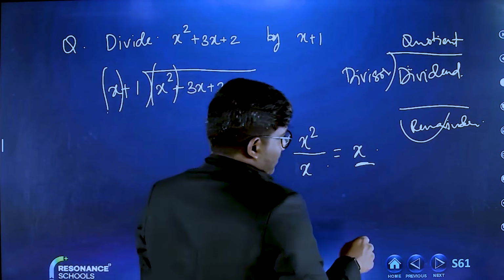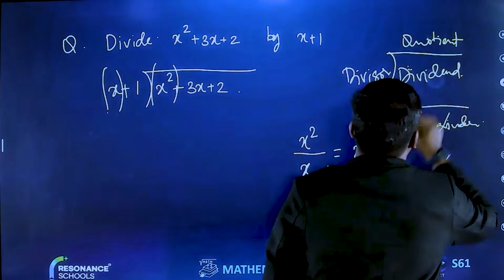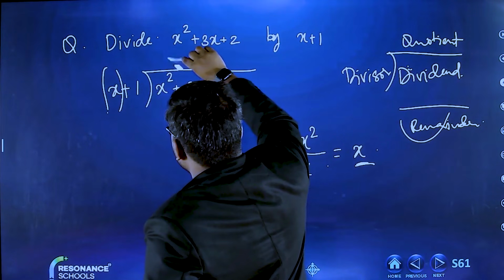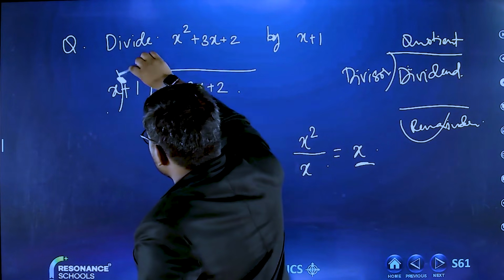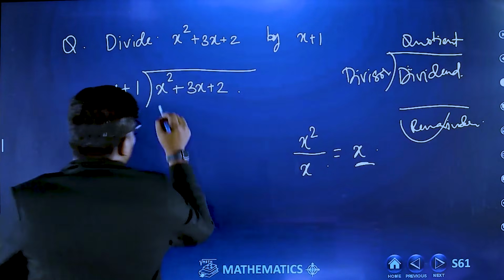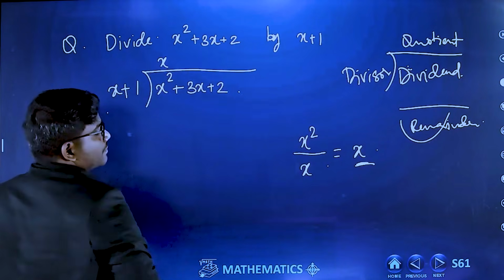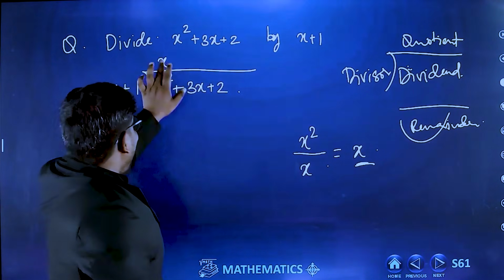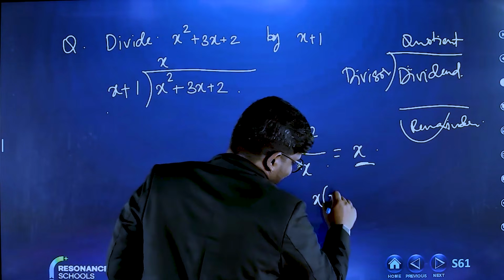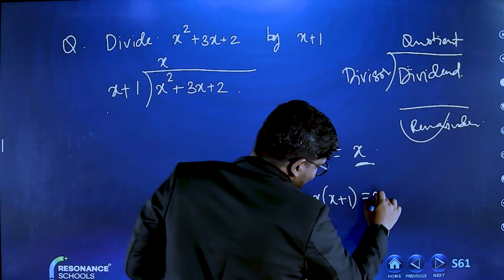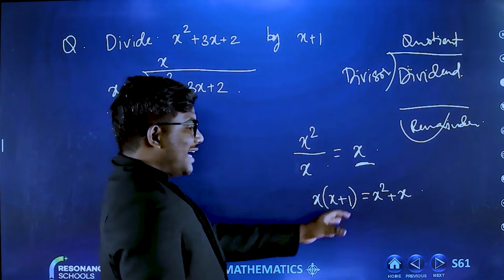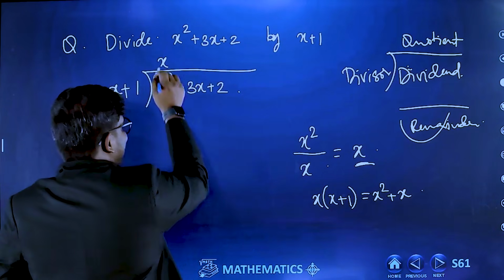Essentially that means we need to take an x here. Now, x into x plus 1 is what? X into x plus 1 is x square plus x.